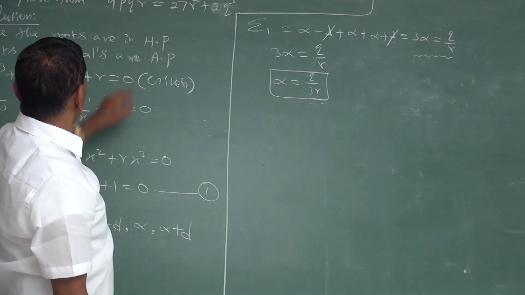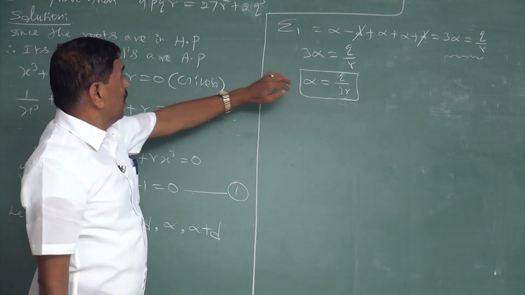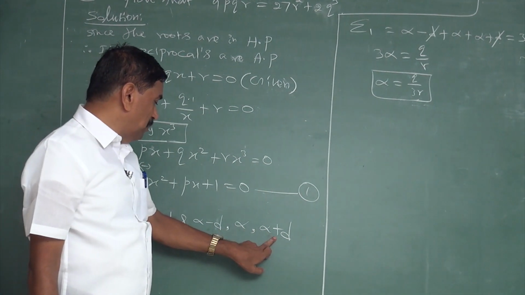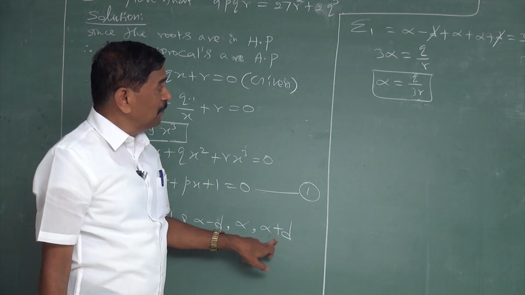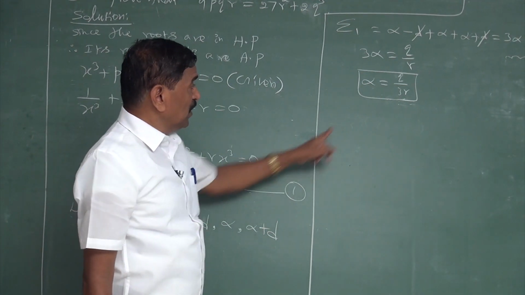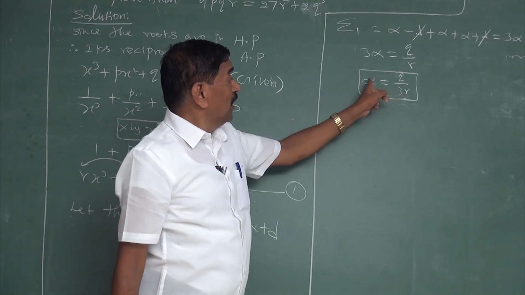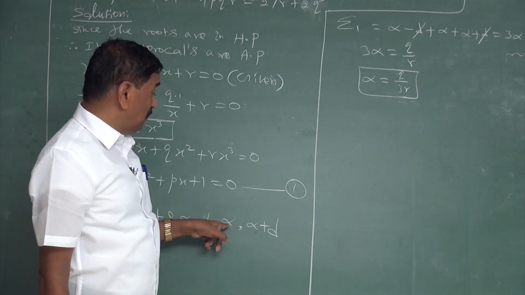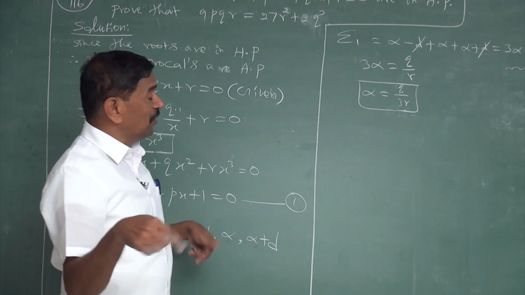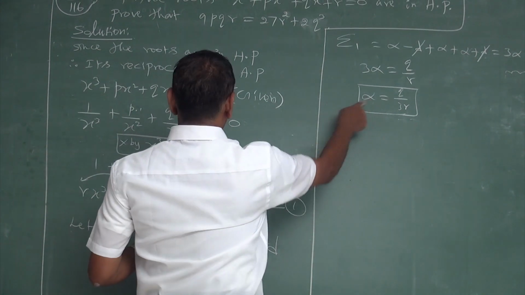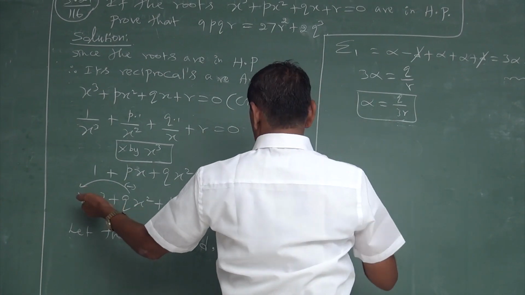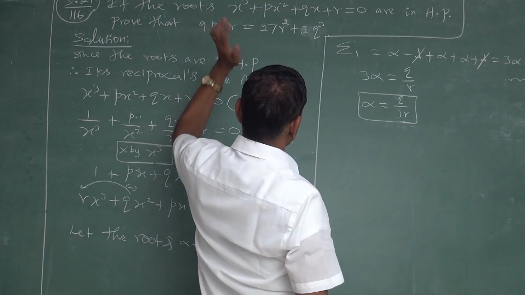Now, we want to prove this condition. Here, already we have taken alpha minus d, alpha, alpha plus d as the 3 roots, where alpha is one root. Alpha is equal to q by 3r. Alpha is one root means that the root alpha should satisfy the equation, which means substitute this alpha value in the first equation, and we are going to get the required condition.